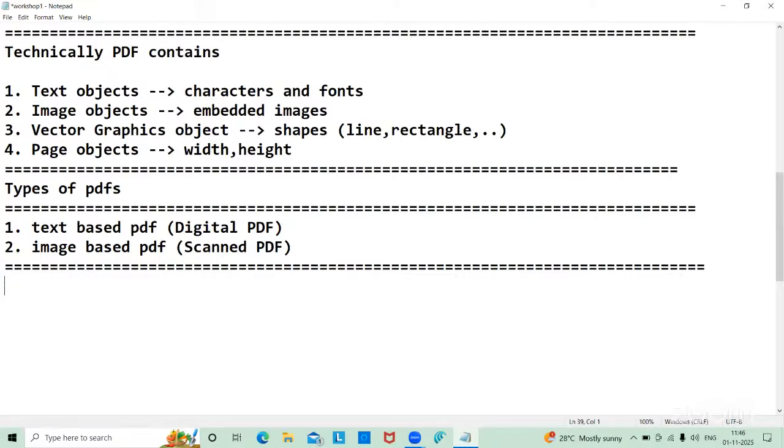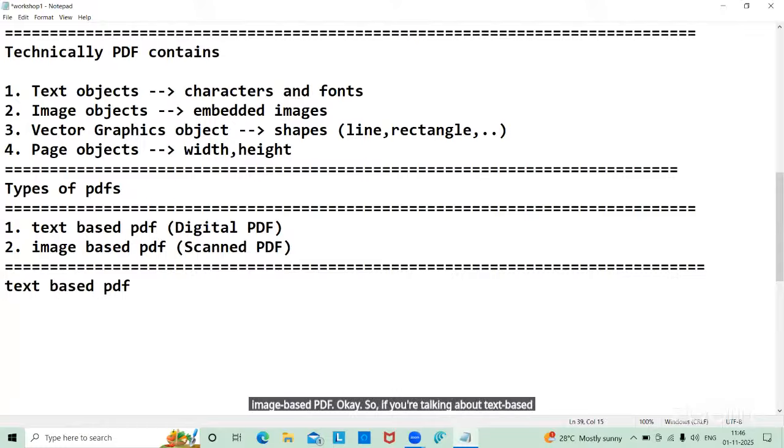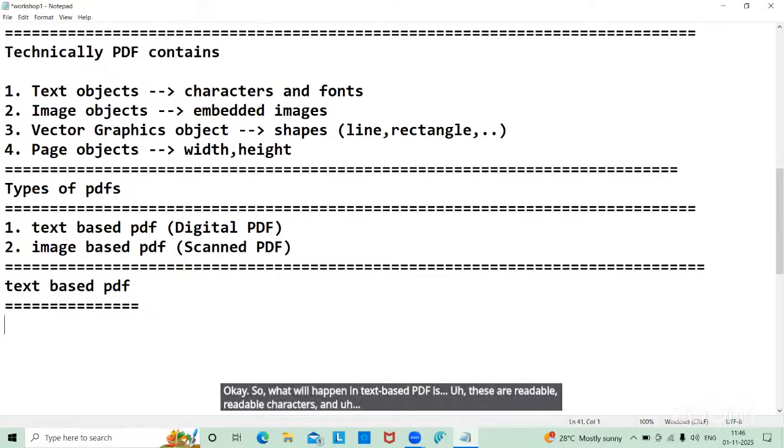But what is the difference between a text-based PDF and an image-based PDF? In a text-based PDF, these are readable characters, and you can see actual text data or actual characters.